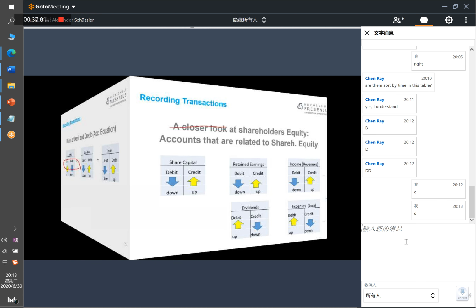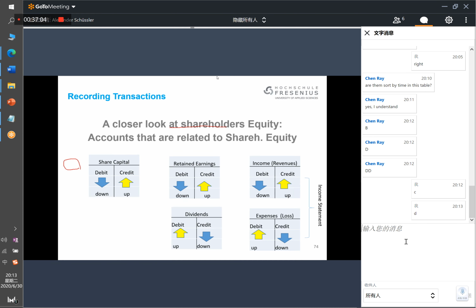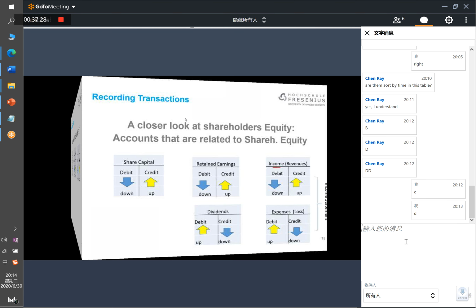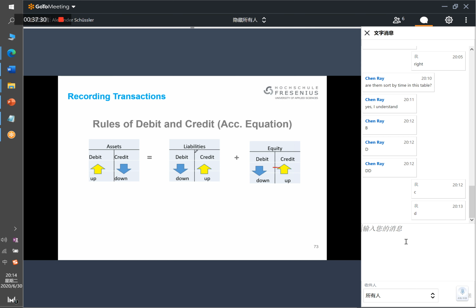Here we have it. Yeah. This is revenues. Yeah, revenues. They have a credit balance. Here, you see that? Credit is up. With liabilities, it's the same.